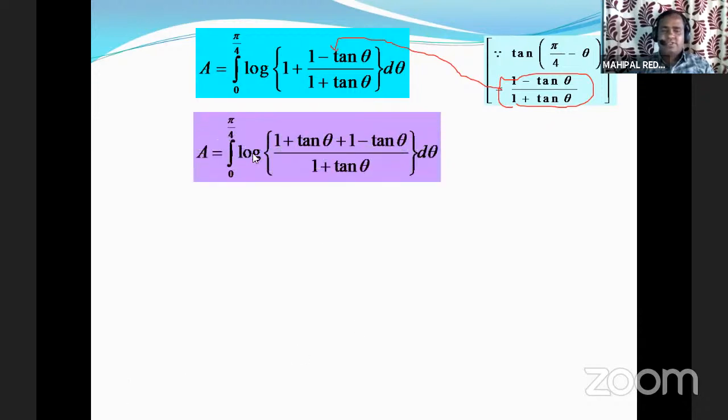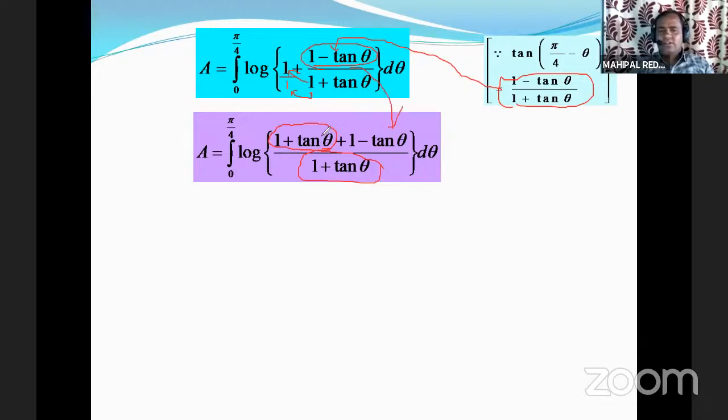Therefore, A equals integration 0 to pi by 4 log of, here the denominator is 1, and the other denominator is 1 plus tan theta. The LCM of these two is 1 plus tan theta. Taking the LCM, the numerator is 1 into 1 plus tan theta, plus 1 minus tan theta.